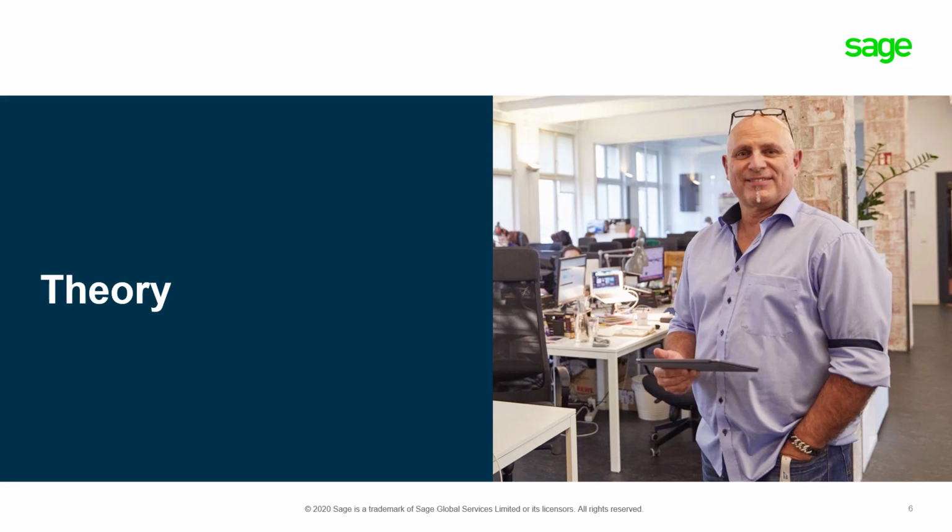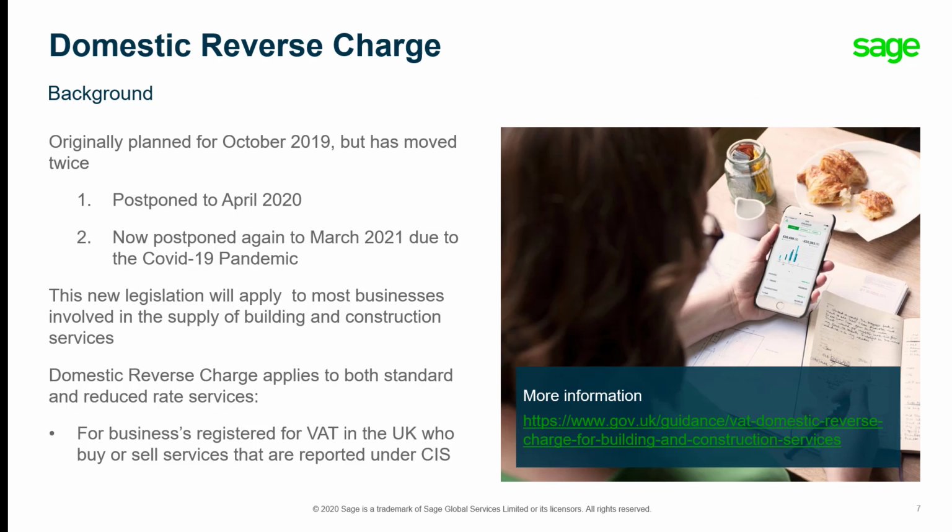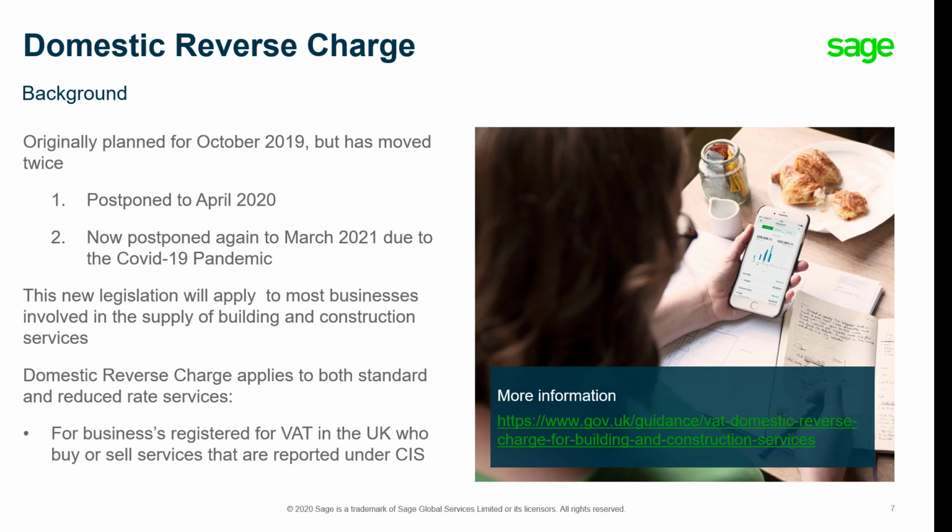So now it's time to have a look at some of the theory behind domestic reverse charge. I'm going to start with a bit of background first. This legislation was originally planned to take effect in October 2019, and it was postponed quite late in the day to April 2020, and that was to allow businesses more time to prepare.